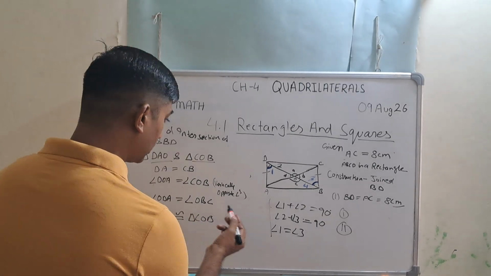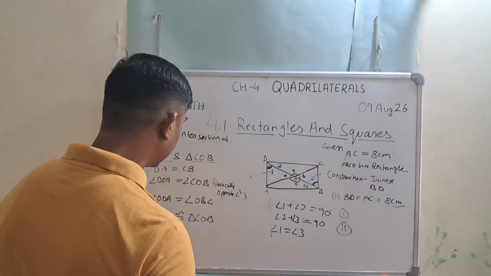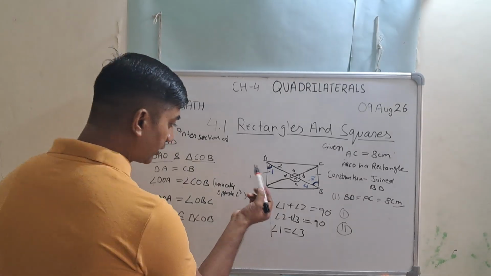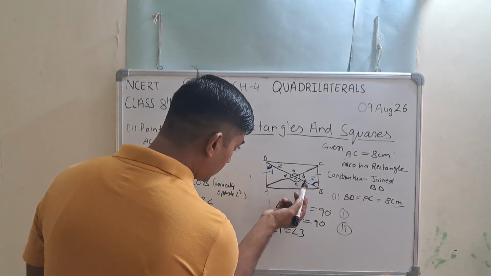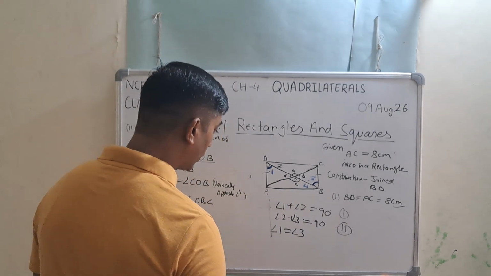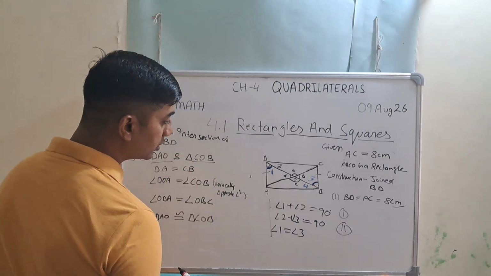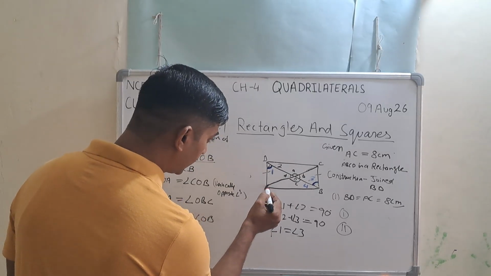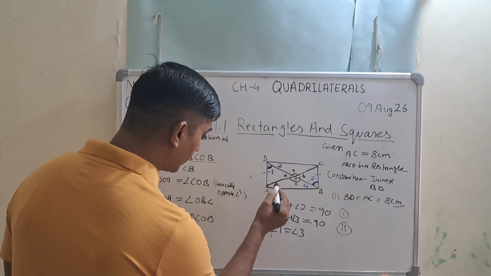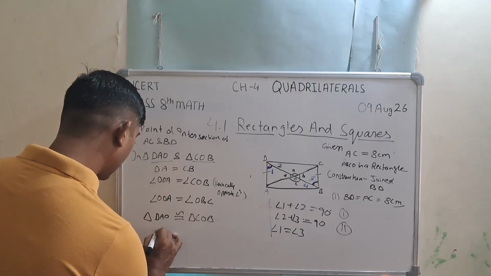Right? So what do we conclude now? Since these are congruent triangles, corresponding parts are equal. This angle is facing this part, which is AO.